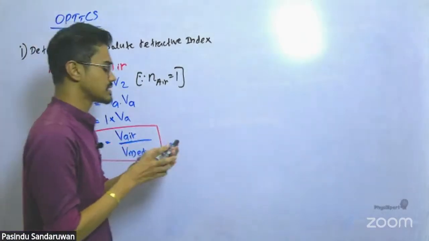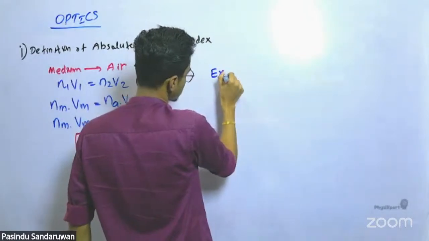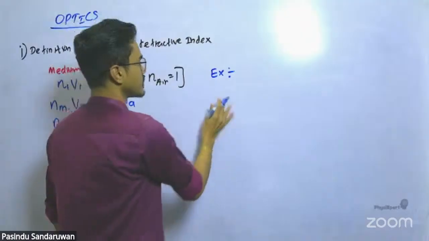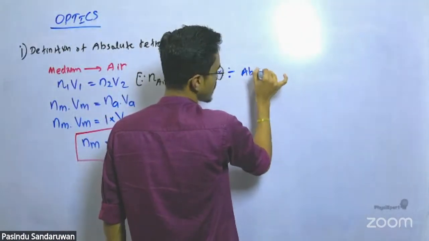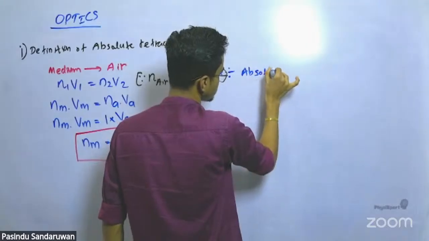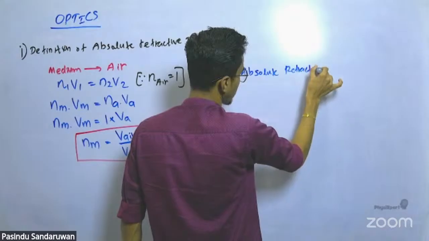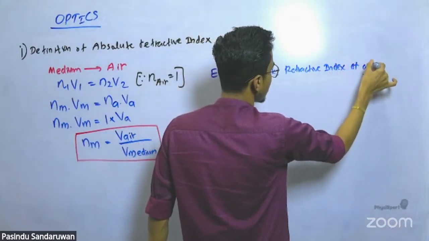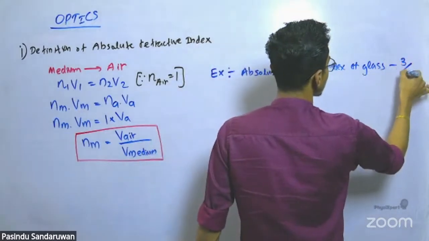Right. Now for this, mention a few examples also. As examples, absolute refractive index of glass is found to be 3/2.